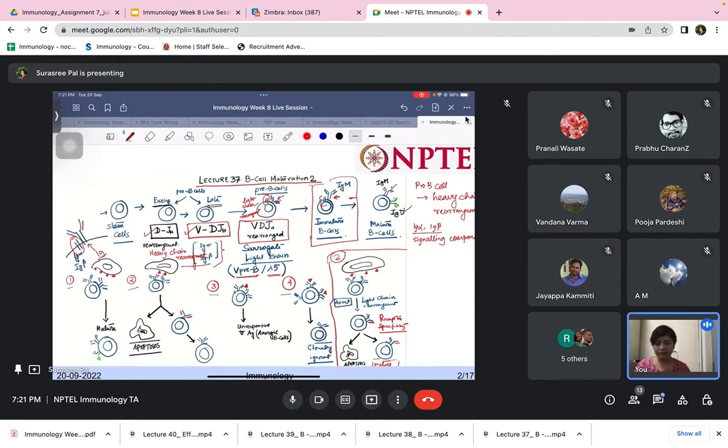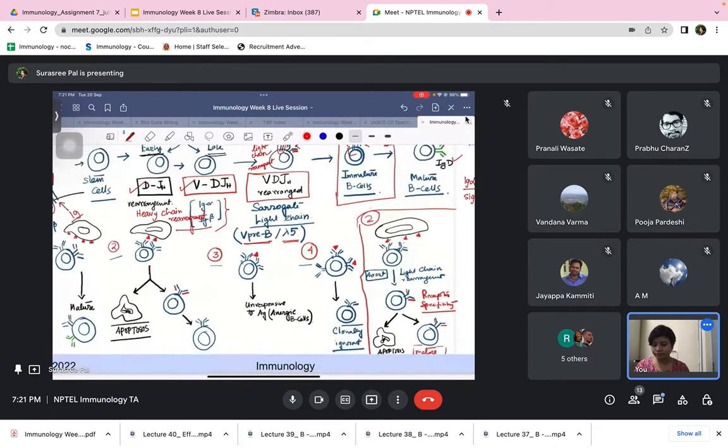Now let's have a look at that. So there are 4 different fates which can occur to the immature B cells. The immature B cell is expressing heavy chain and the light chain, right? The rearranged heavy chain and the rearranged light chain of the immunoglobulin.